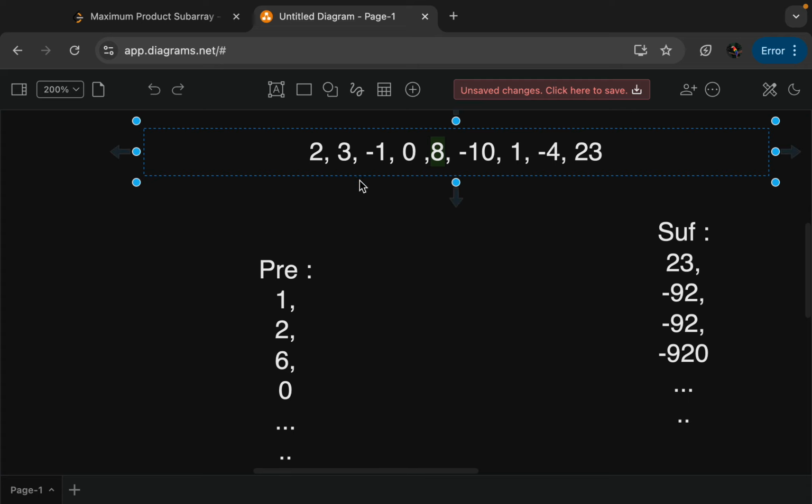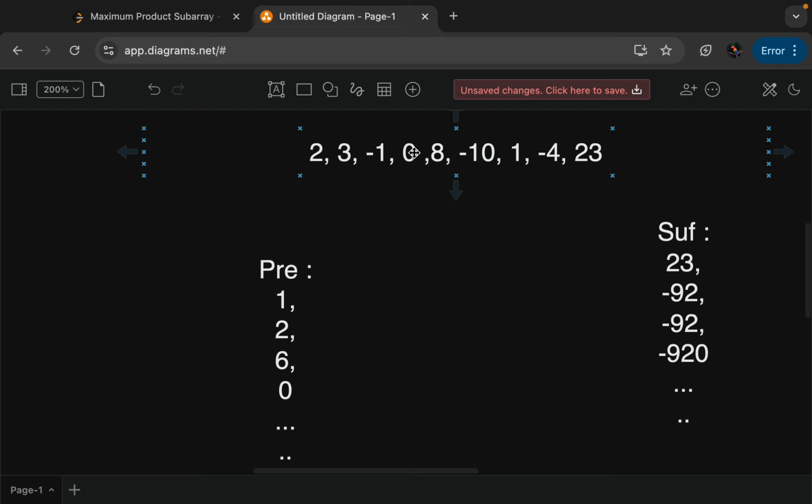So virtually consider that this array has been divided into two parts, 2, 3, minus 1, and 8, minus 10, 1, minus 4, and 23. So we would be starting with this as a fresh array. For 8, the prefix would be 0, but for minus 10, the prefix would be 8. For 1, the prefix would be minus 80. For minus 4, the prefix would be again minus 80, and so on.